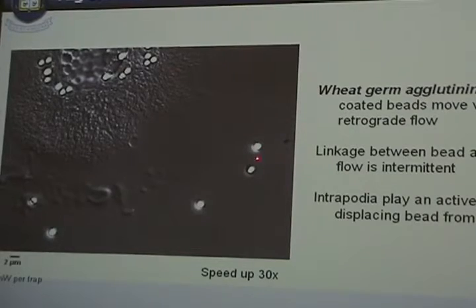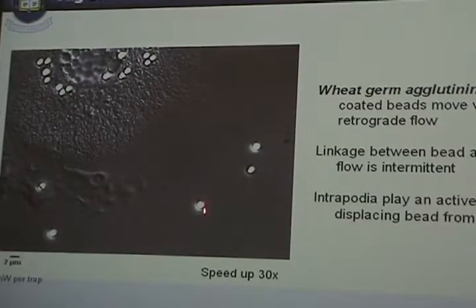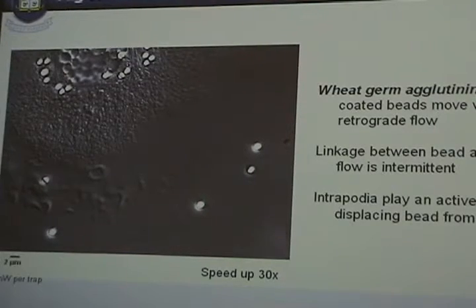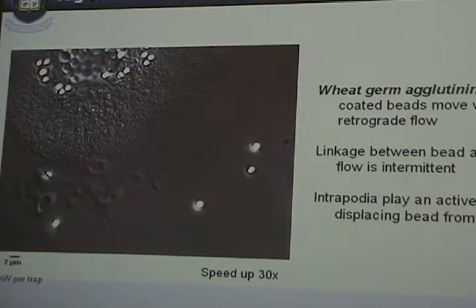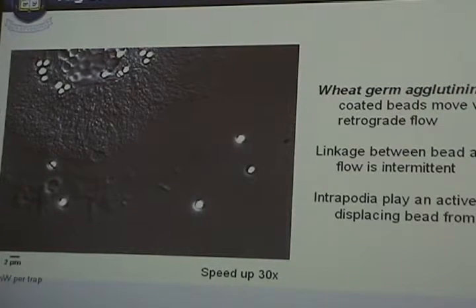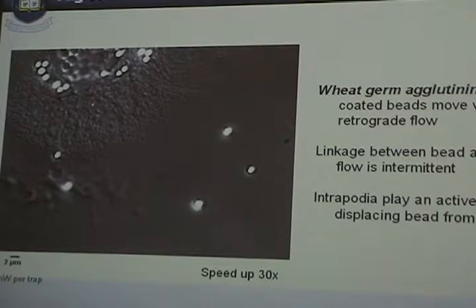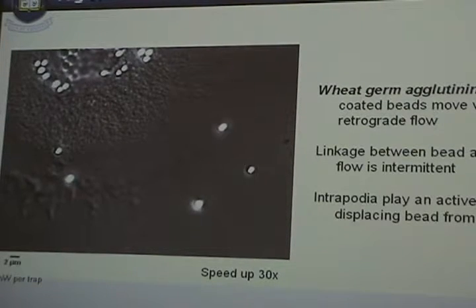You can see the beads have some really interesting dynamics. They don't just sit there, they're jiggling back and forth a little bit, and eventually they get pulled out of the optical traps because they get bound strongly to the engine of the cell motion. The clutch engages and eventually pulls them away from the cell.